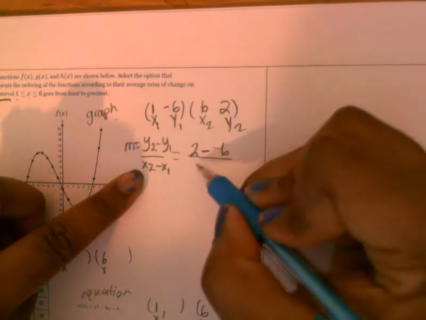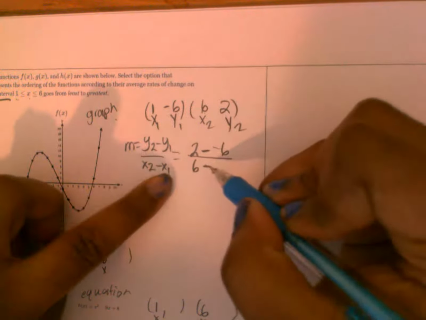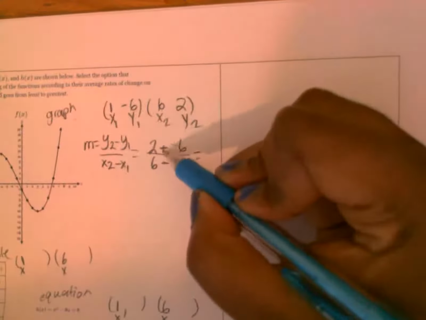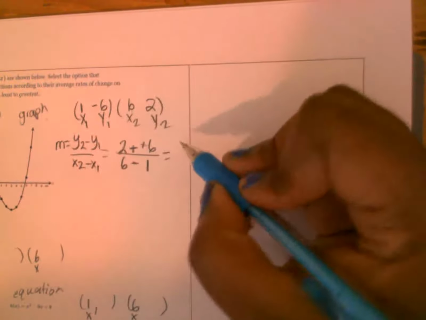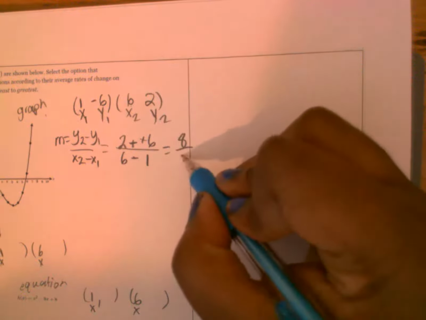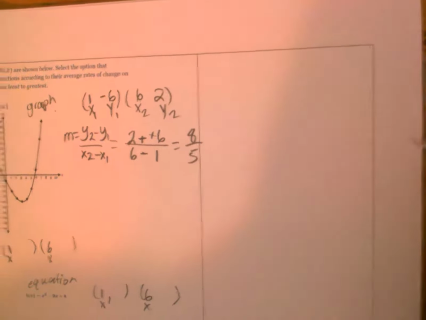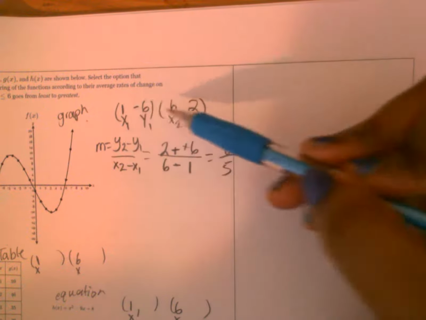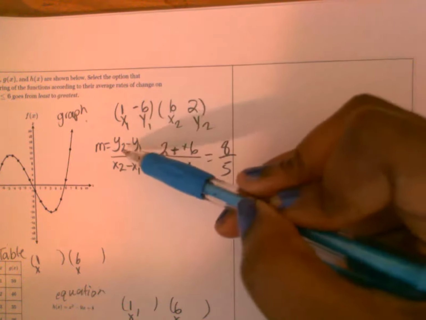And on the bottom, I'm going to write 6 minus 1. So this gives me plus a positive, which is going to be 8. And this is going to be, what, 5? Okay. All right, make sure I got that right. So we got 1 and then 2 here.